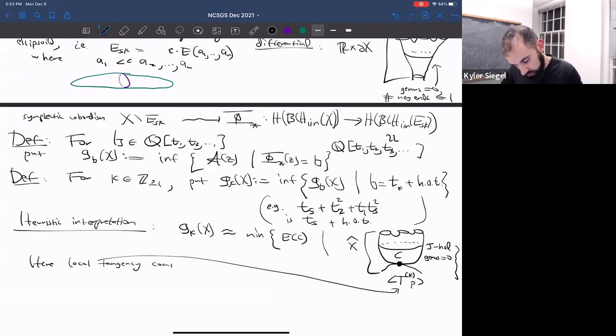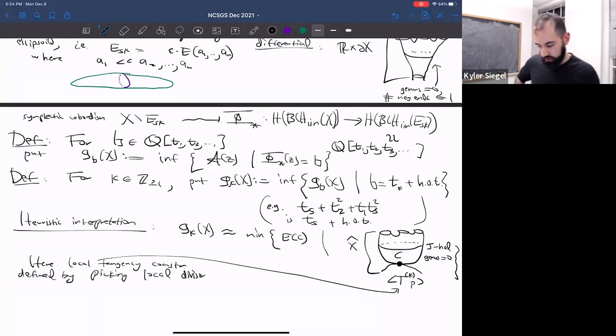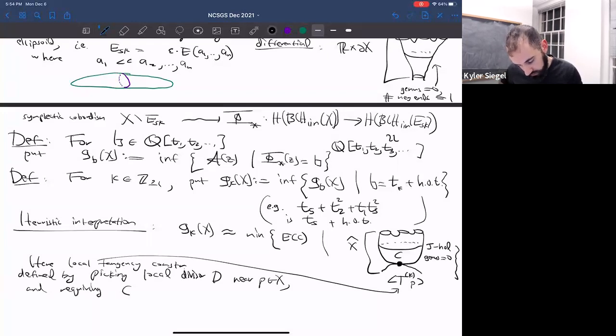It's defined by, what you do is you pick just a germ of a divisor near some point in X. So pick a local divisor, just a small piece of a divisor D near some point P. And then we require our curve C to have intersection multiplicity K with the divisor.